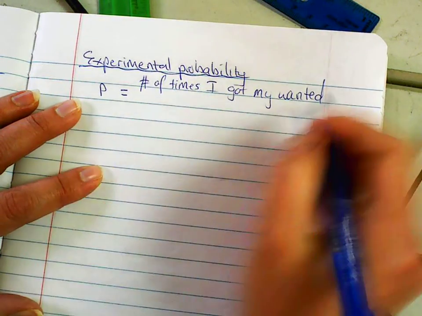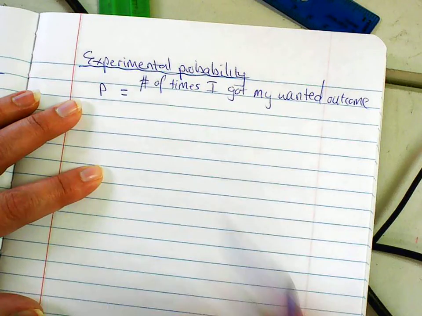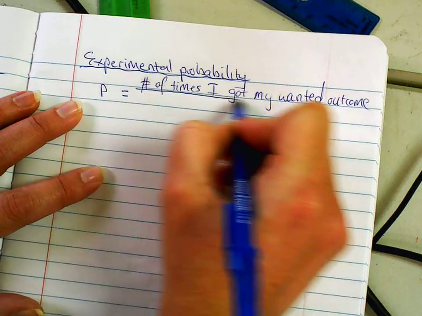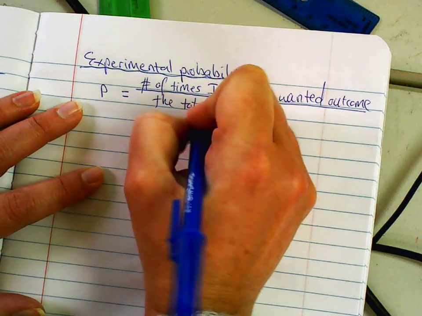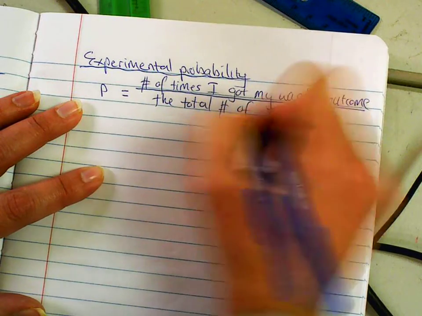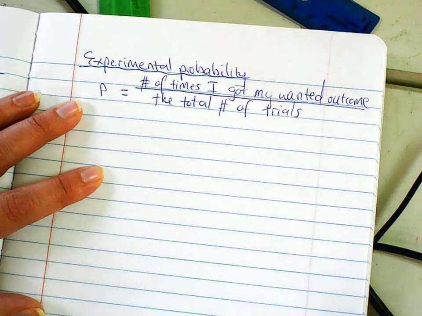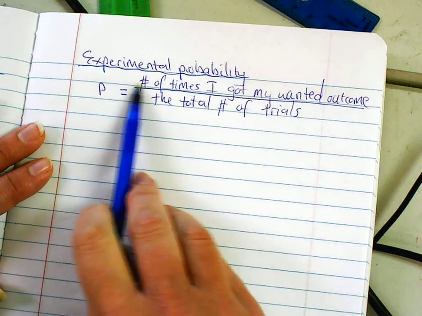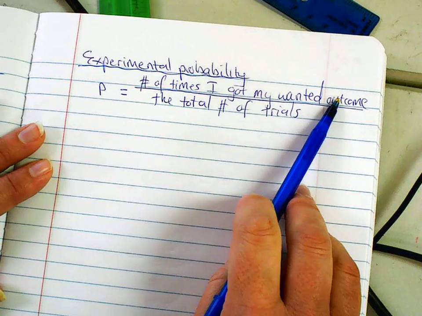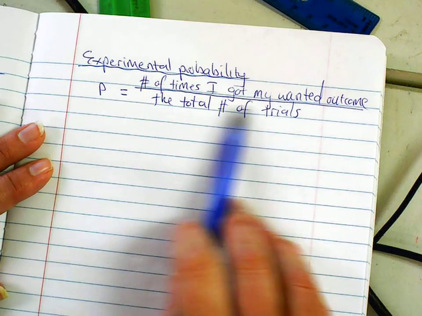So the number of times I got my wanted outcome, my outcome that I wanted was heads, over the total number of trials, over the total number that I actually threw it. So in my previous heads, tails, heads, tails, it would have been the number that I threw my heads at the top over the total amount of trials, which were 20.